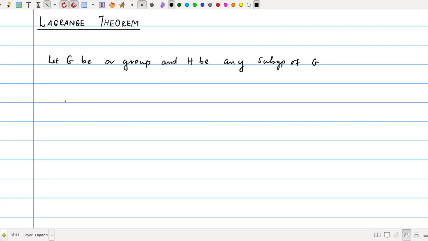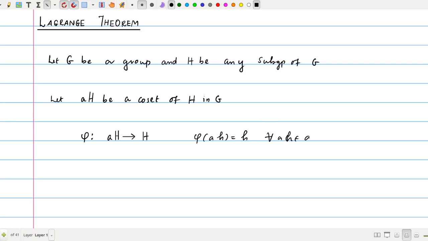So we consider one such coset. Let aH be a coset of H in G. If you consider any arbitrary coset aH of H, you can easily define a function phi from aH to H. The definition of this function is phi of ah equal to h, for all ah belonging to aH.